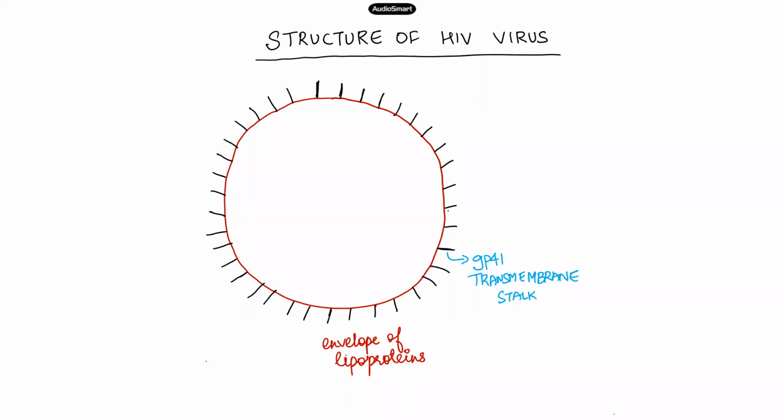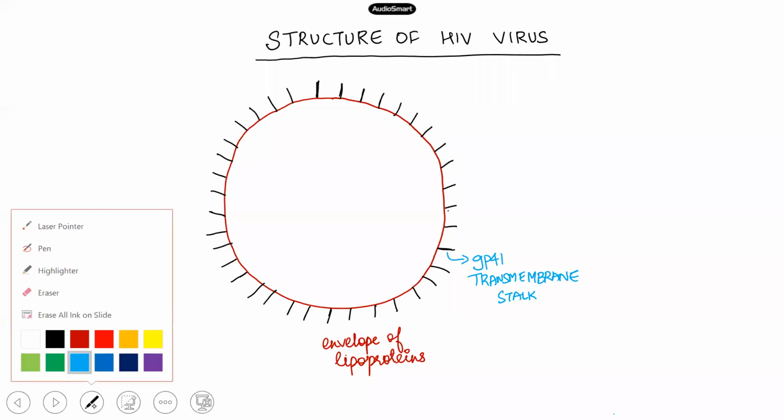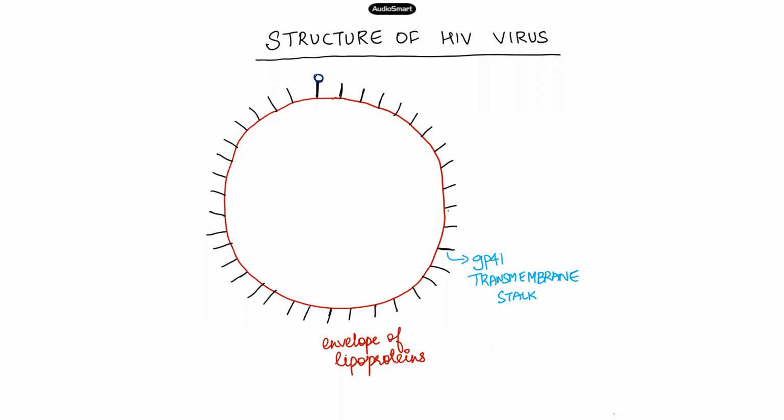Attached to this GP41 is a rounded knob-like button. These rounded knob-like buttons are also glycoproteins, and they help in attaching themselves to certain co-receptors present on the host cell surface. These are termed GP120.